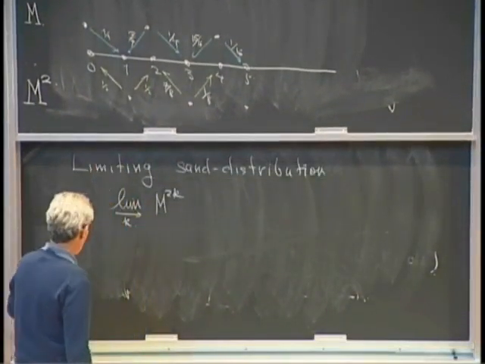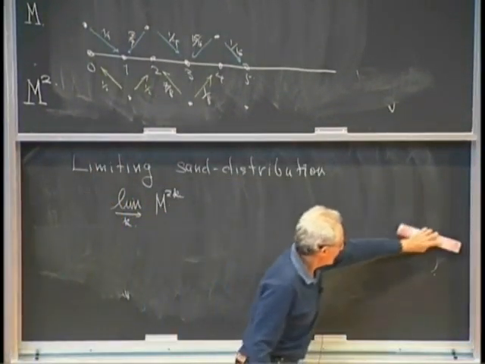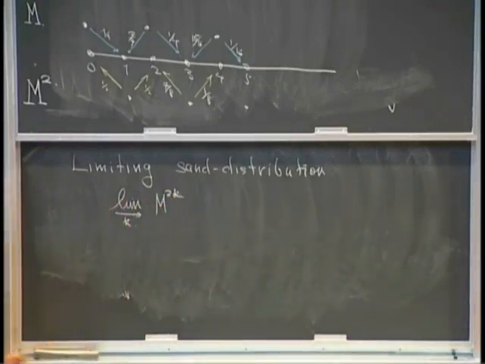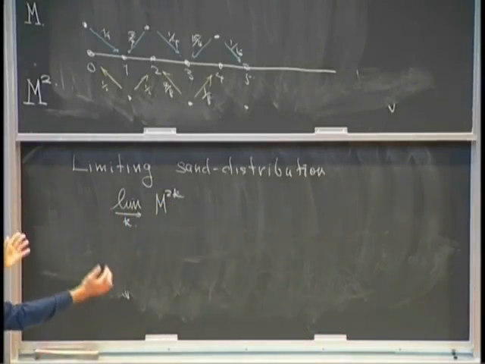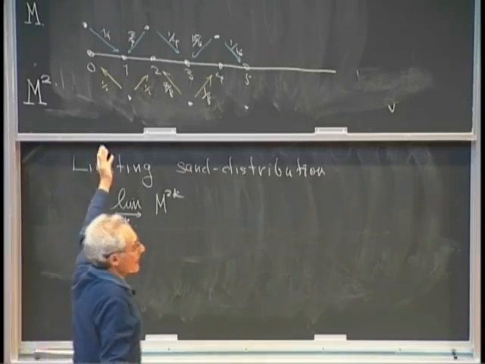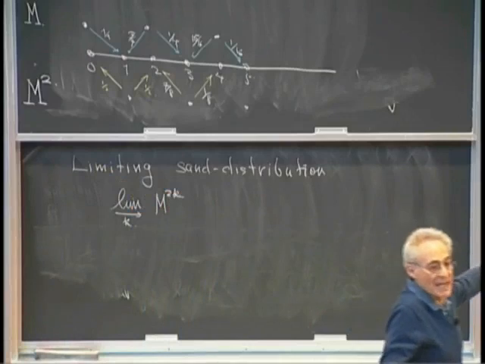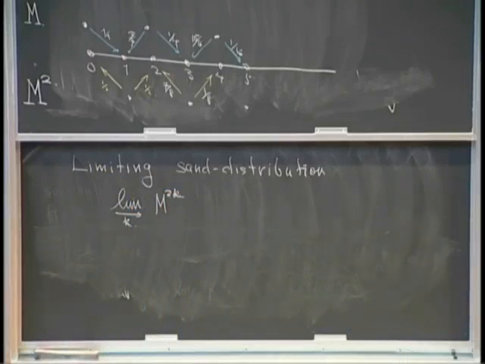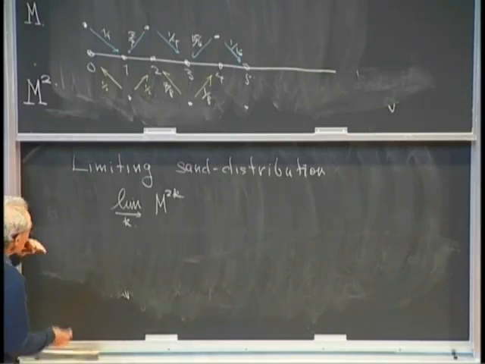So this is a standard Markov game. And the limiting sand distribution will then produce for each station a mass of sand. And the sum of all those masses of sand will still be 1 because we haven't added or lost sand, or gotten sand in our cuffs while doing it. So there's some distribution.